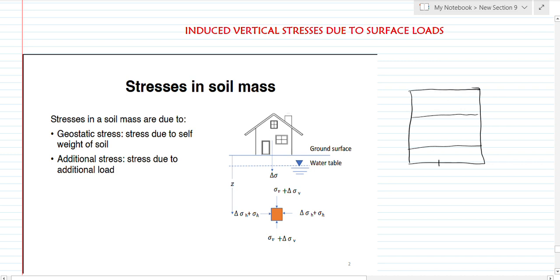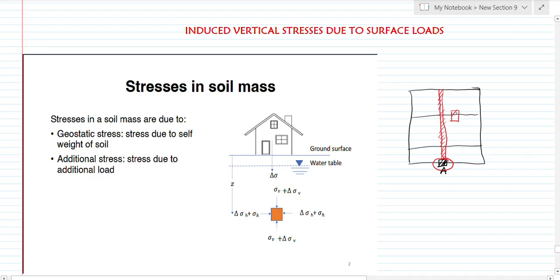Now, if I want to know the force or the stress acting at this portion of the soil, it's as a result of the weight of material above it. So the weight of material is what is going to act at this point of the soil.